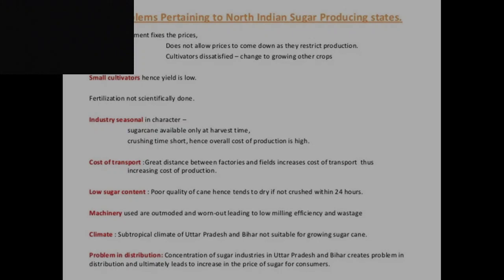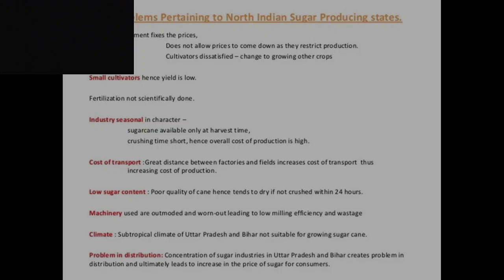Low sugar content: as all of you know, we have alluvial soil, so in this soil there is poor quality of cane. That means there is less amount of sucrose in that sugar cane. So it is not good. It is also problematic for our North Indian sugar industries.